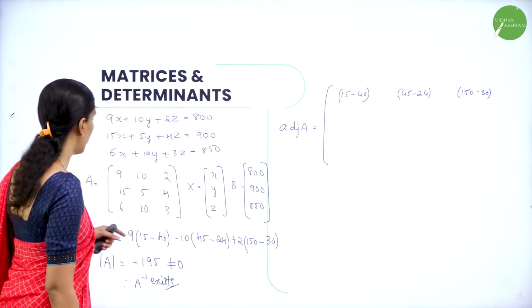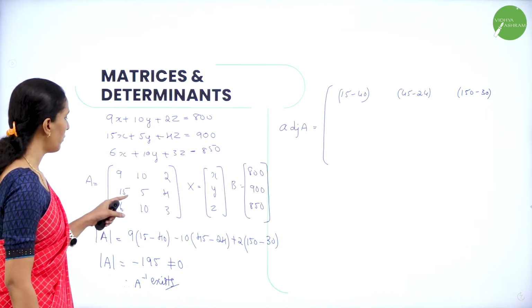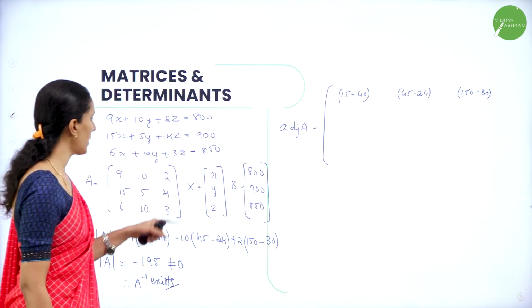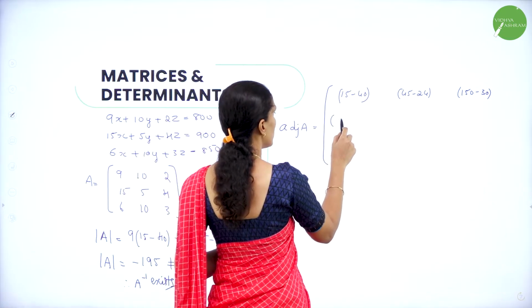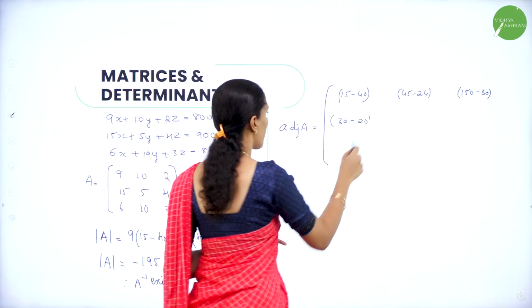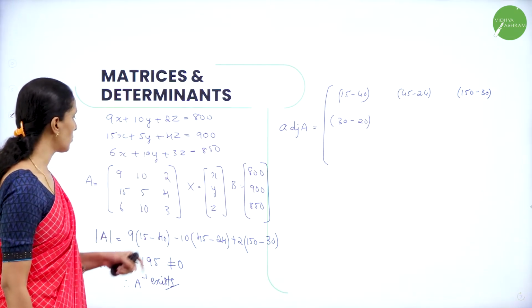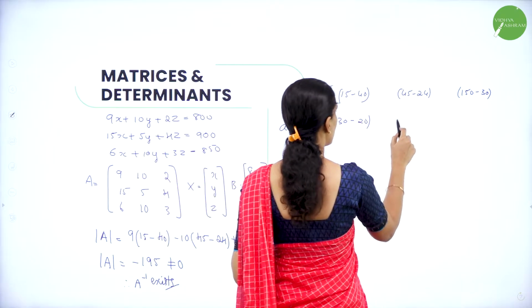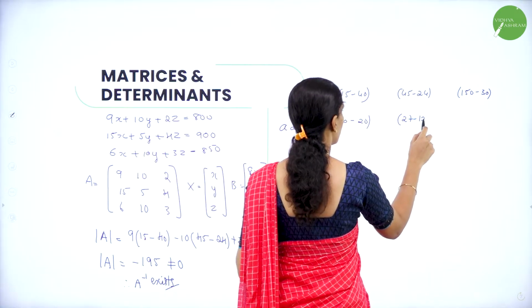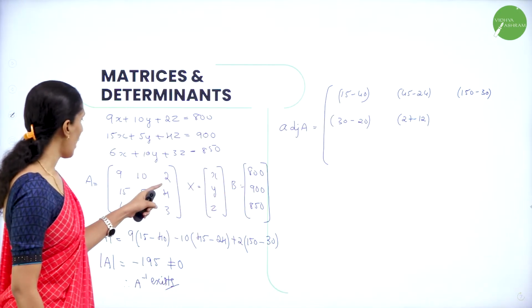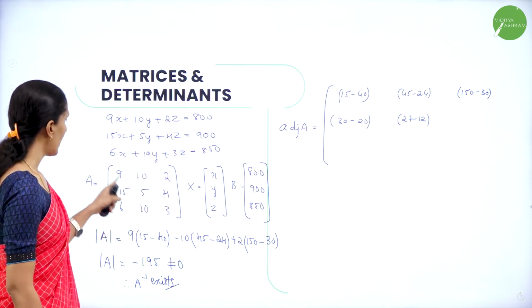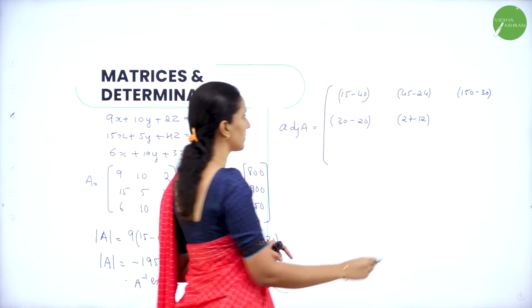Let's look at the 15 now. So for 15, it is 10 3s are 30 minus 20. So 30 minus 20. Next, for 5, it is 9 3s are 27 minus 6 2s are 12. So 27 minus 12. Next we have 4. For 4 it is 90 minus 60.